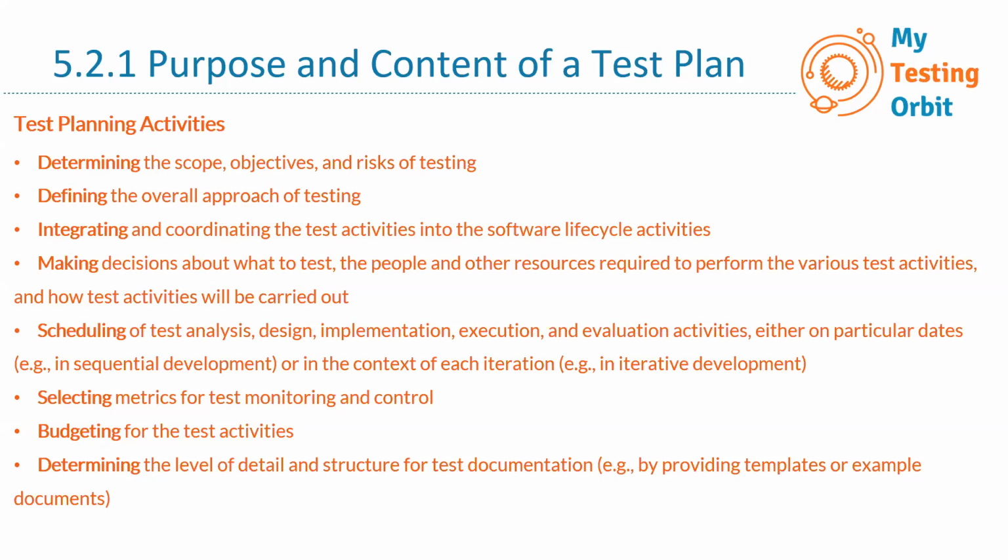Maybe the design would finish on this date, development will start and end on this date, then testing will get time from this to this date. So scheduling is part of test planning. But this kind of scheduling with particular dates is not possible for an iterative model. In that case, we have to schedule in the context of each iteration, that is, when each iteration is ending.